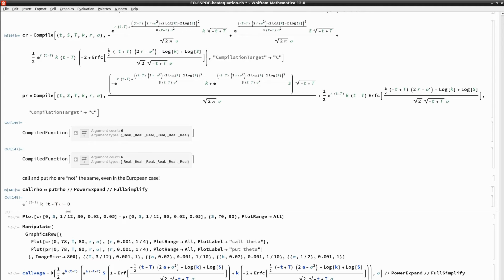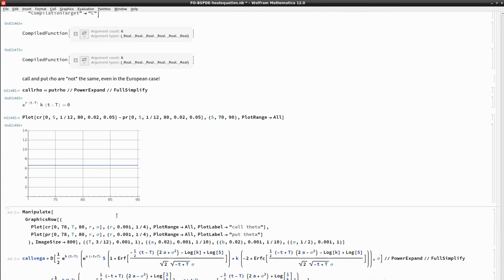This is the time to maturity. All right, they're not the same, and the reason is the interest rate argument. Okay, so let's plot them, and we're getting a constant number here. That depends on my parameters here, and is constant, right? This is a constant number, and also here we have a constant number.